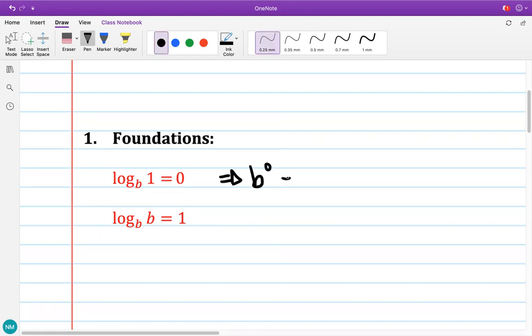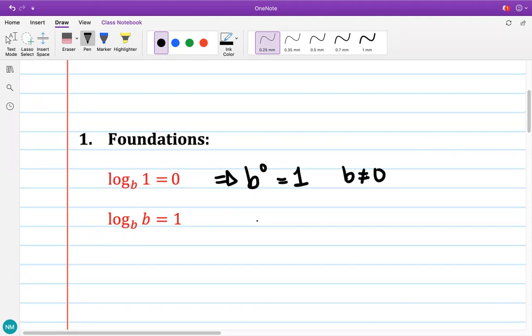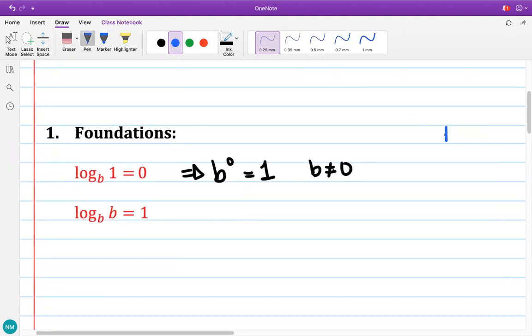And that's true, anything to the 0 power is equal to 1 as long as b is not equal to 0. So an example of this would be log base anything, so 10, 50, whatever it is, of 1 is equal to 0.